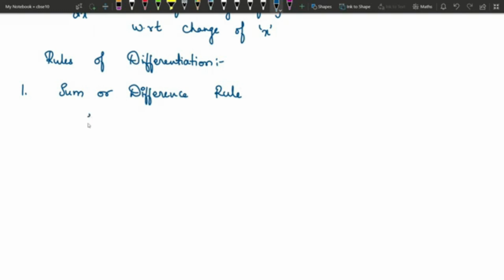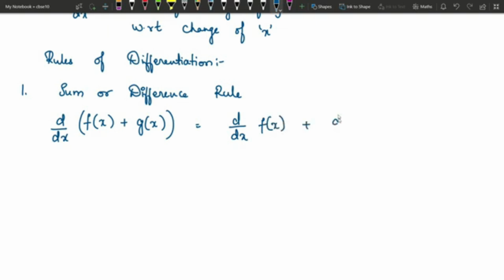If you have two functions, f of x and g of x, both functions of x, then the derivative of the sum of these two functions is the same as the derivative of f of x plus the derivative of g of x. Similarly, if you have a difference, then here you have to write a minus.